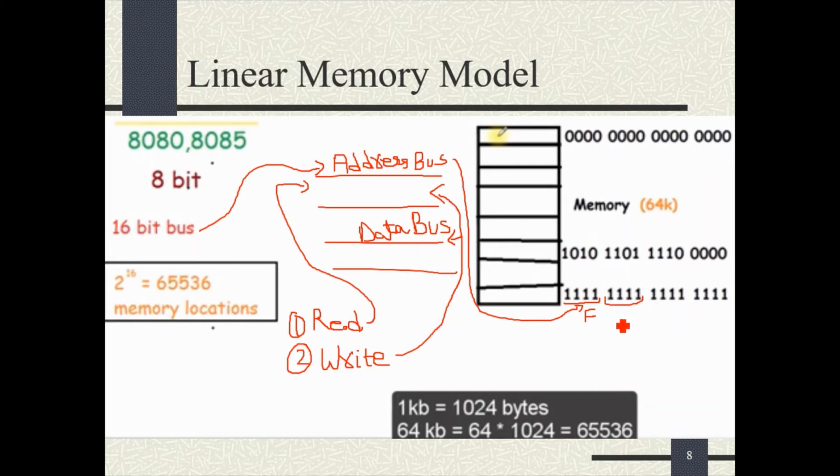F means 4 ones. So FFFF means the maximum location or maximum address of the memory that can be accessed via the address bus by the processor. And the minimum location can be all 16 bits 0, or 0000 in case of hex digits.